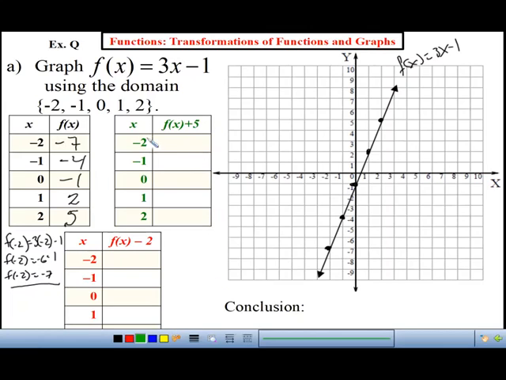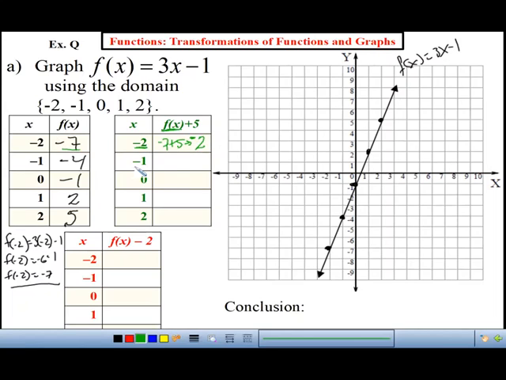So here we go. So it says f of x plus 5. So when x is -2, what is f of x? Well, f of x is over here. When x is -2, f of x is -7. So I would write -7 plus 5, and that is -2.